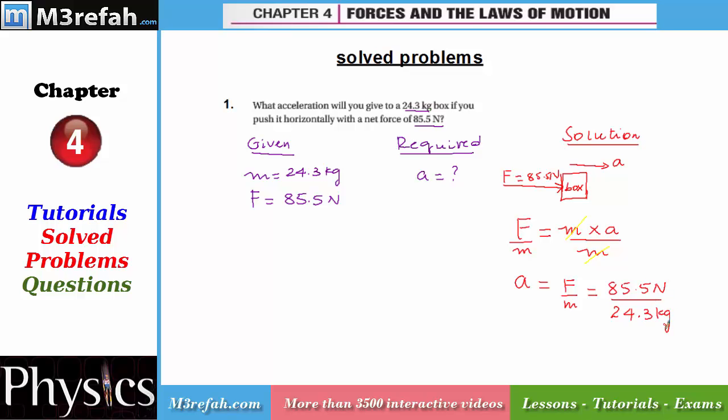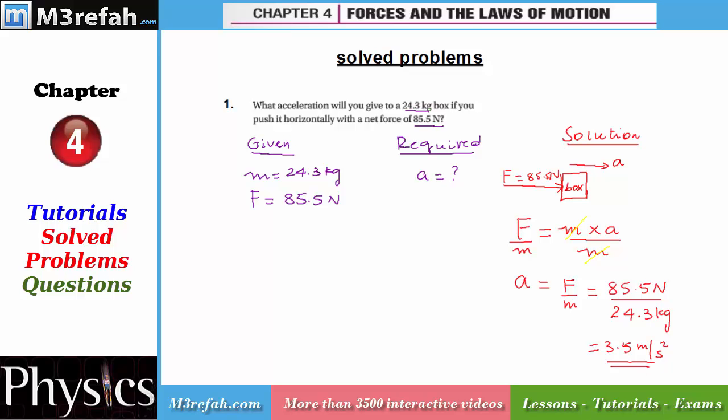You can use a calculator in order to divide these two numbers, that is 85.5 divided by 24.3. Then it will give us 3.5. This is the same as 3.5 meter per second square. This is the acceleration of the box: 3.5 meter per second square.